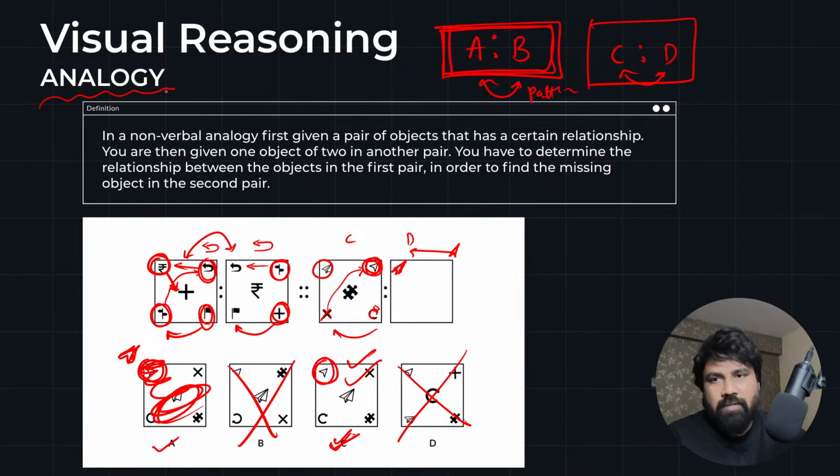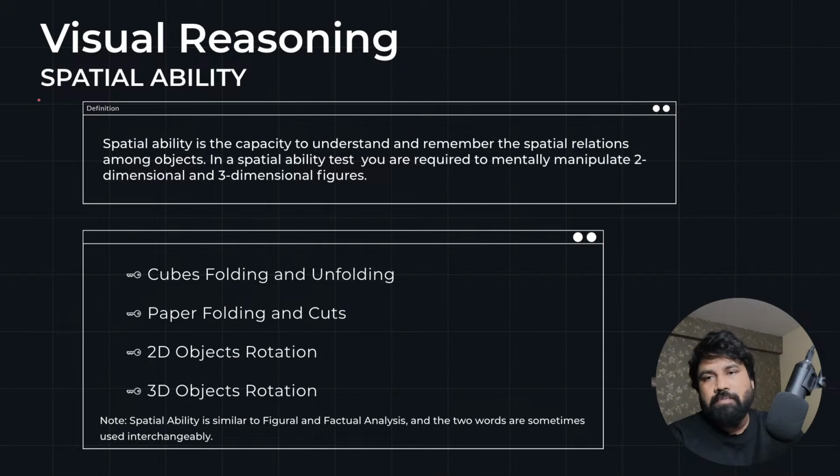Analogy is nothing but, this is called non-verbal analogy. Okay, analogy has two types: verbal analogy and non-verbal analogy. Verbal analogy is nothing but they will give you words, English vocabulary. Similarly, this is non-verbal analogy. So these three categories definitely you will see in the TCS, along with spatial ability. Very important, guys.